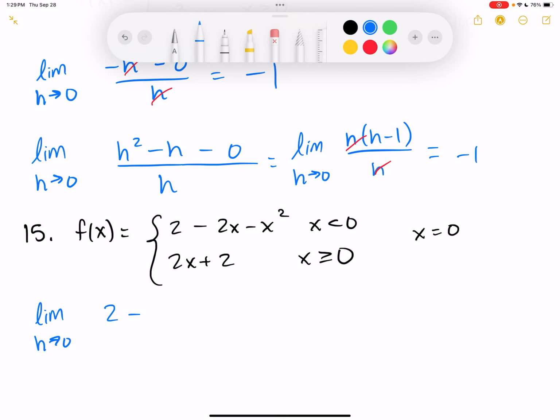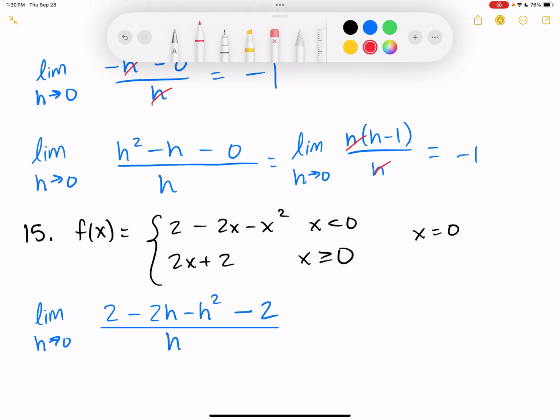So 2 minus 2h minus h squared, minus, okay, now I'm plugging in 0 for x, so I'm only left with a 2 because the other two things go to 0. So minus 2 over h.